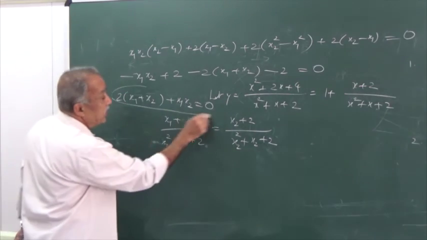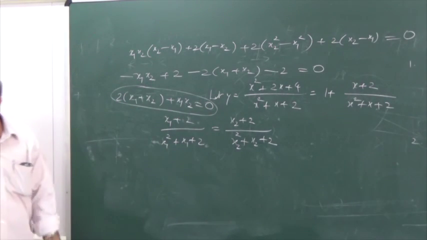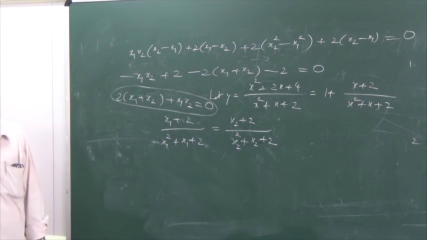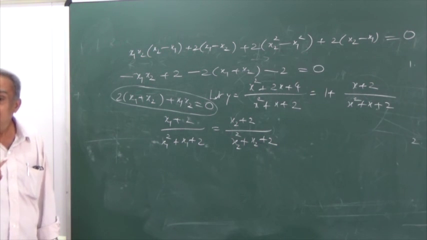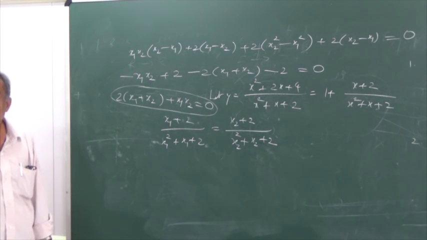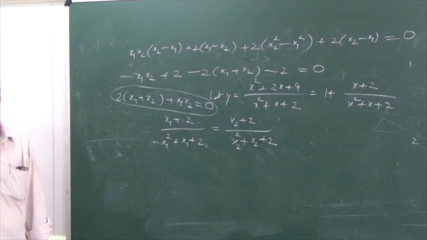Question: do there exist real numbers satisfying this equation? Can you find x1 and x2 such that this is equal to 0? Can you guess one set of numbers x1 and x2?